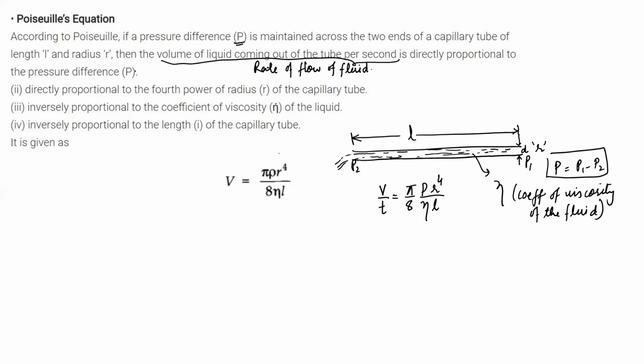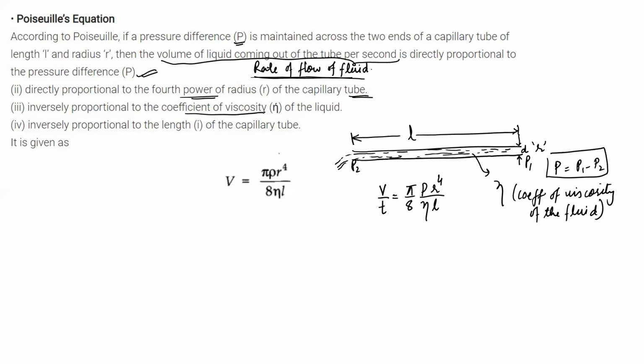So the volume of the liquid coming out of the tube per second, that is the rate of flow of the fluid, is directly proportional to the pressure difference. It is directly proportional to the fourth power of the radius of the capillary tube.